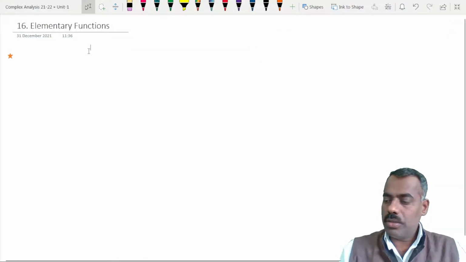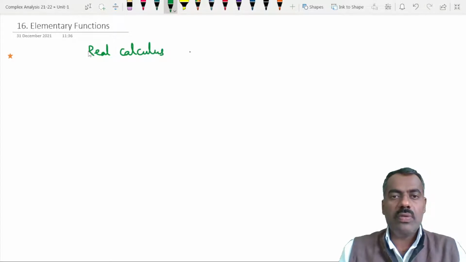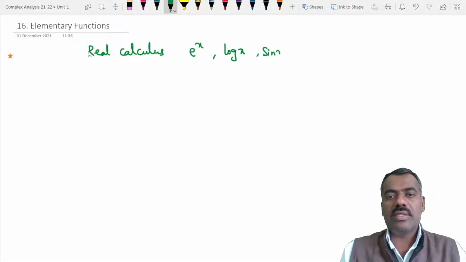Okay. So the idea is, for example, in real calculus, we already know functions like e power x, logarithmic function log x, sin x, and trigonometric functions, sin hx, hyperbolic, or inverse, sin inverse x.